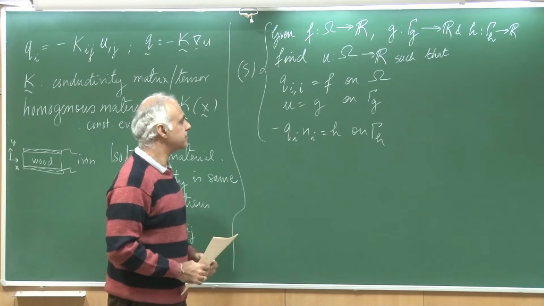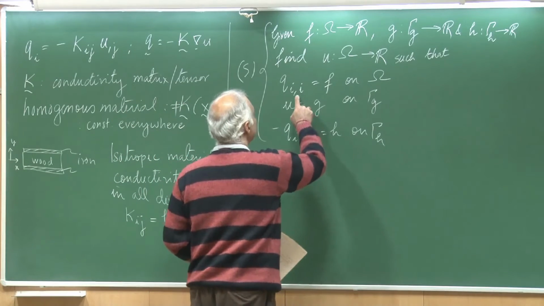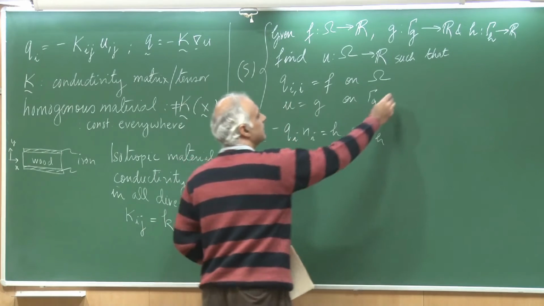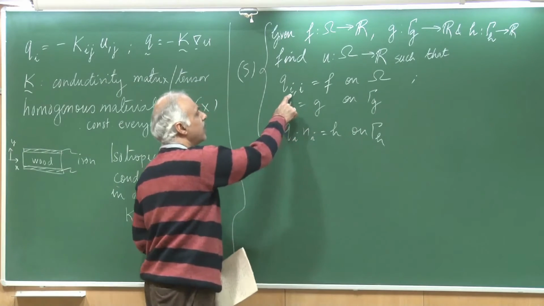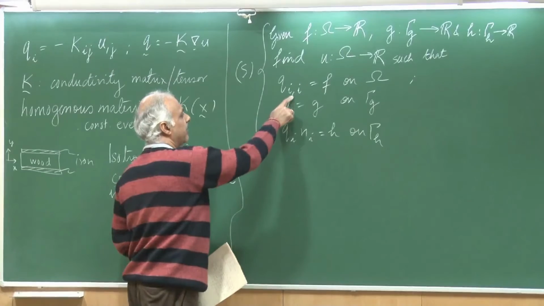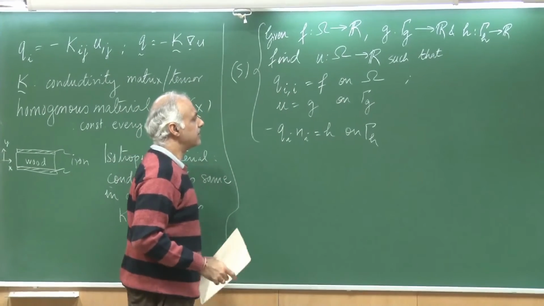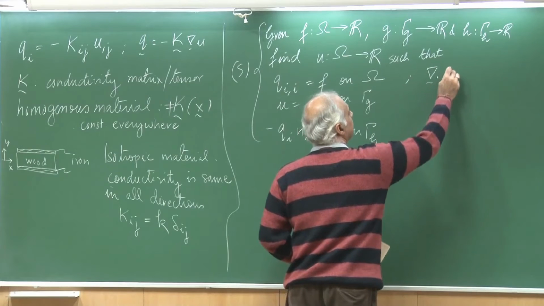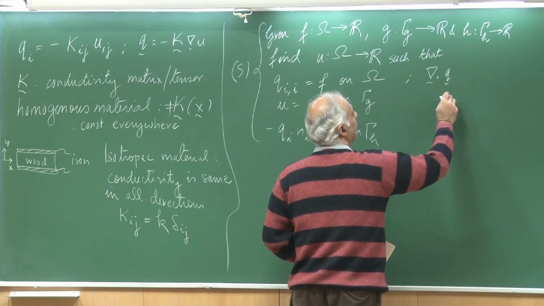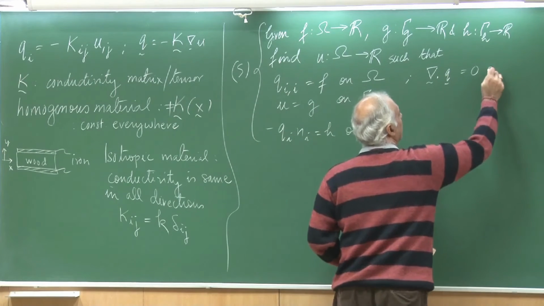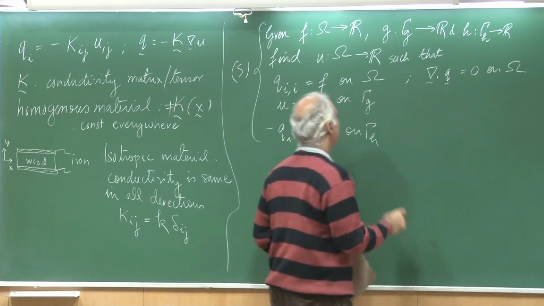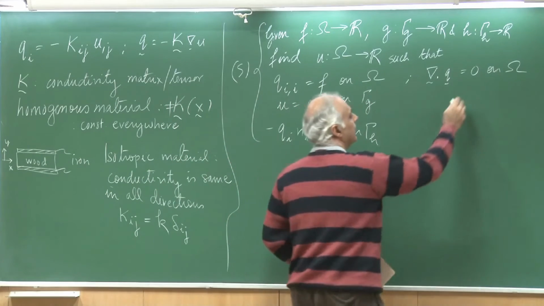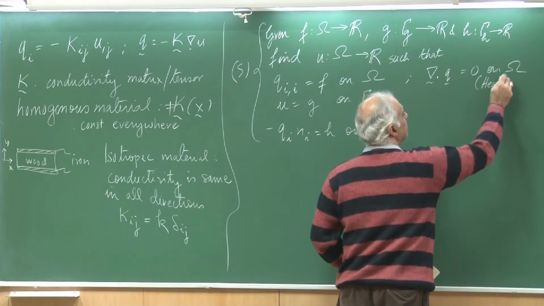So, very similar. Let me also, to help you, write down the vector counterparts of these equations. So, you will notice qi is a vector, and when I take this comma i, that means it is a divergence. So, we are really talking about that the divergence of the flux q is 0 on omega. So, that is the differential equation, and it is known as the heat equation.